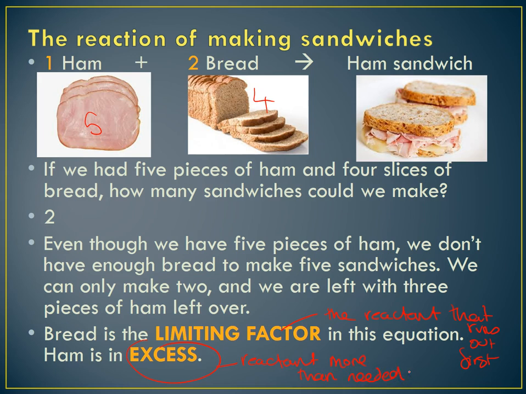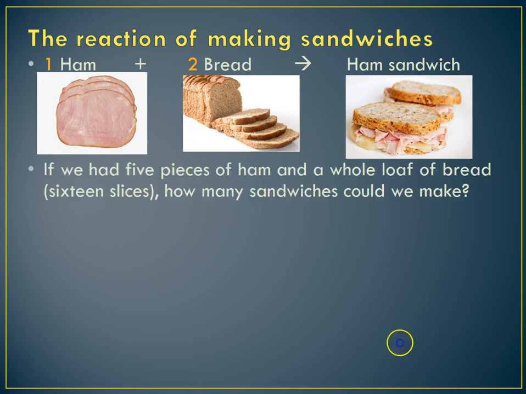Okay, so let's have a look at this. Now we've got 5 pieces of ham and a whole loaf of bread, which is 16 slices. How many sandwiches are we going to make? Well, if I've got 5 pieces of ham and I've got bread, I know that I need 2 slices of bread for every 1 piece of ham.